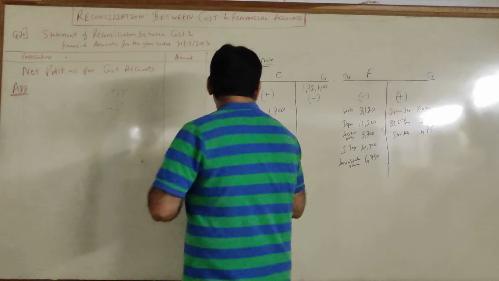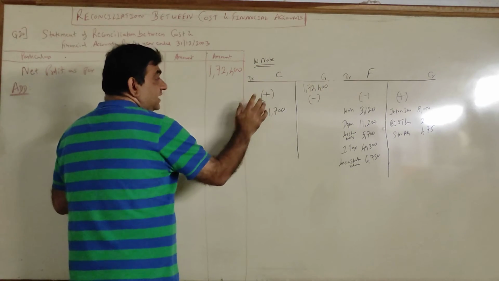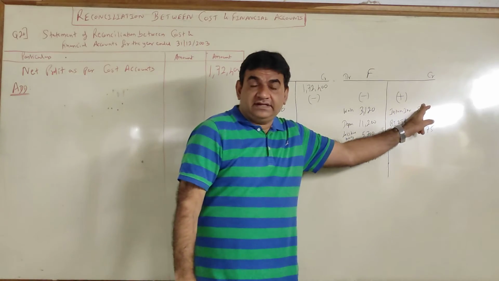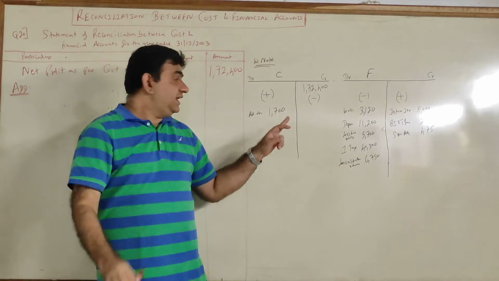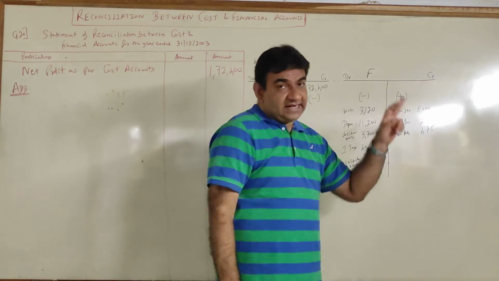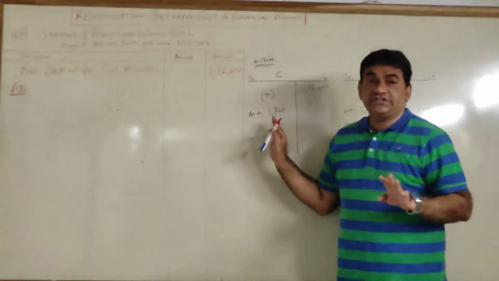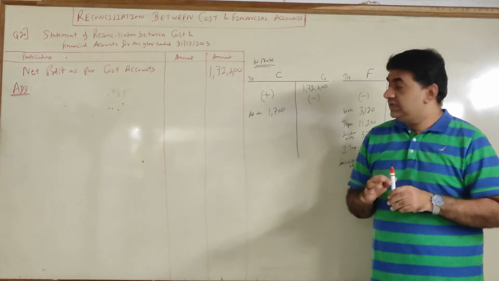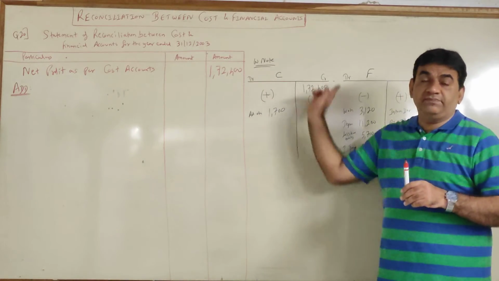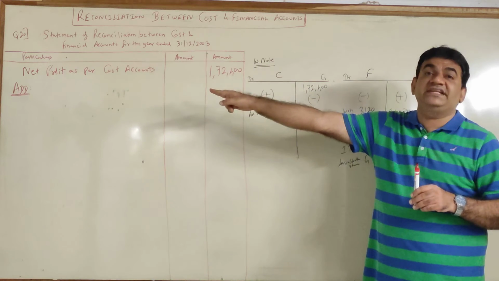Where is the plus sign? The plus sign is there in costing debit and finance credit. So I will focus first on positives. Now every item which is there in the plus column will be shifted there against addition.